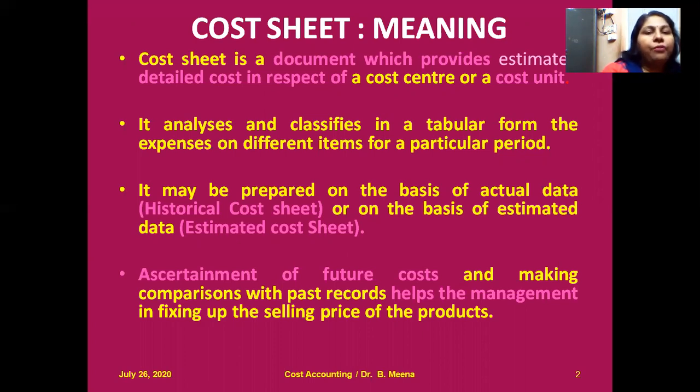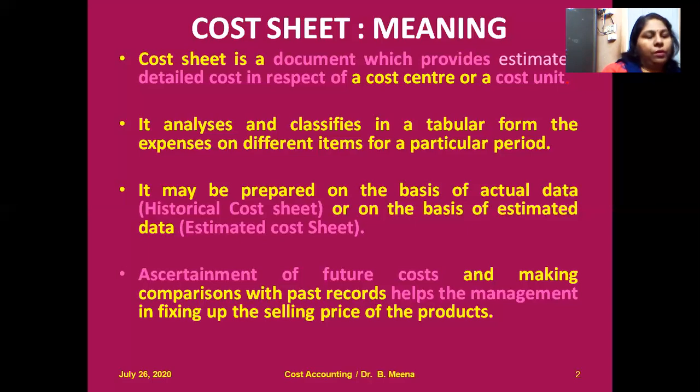We need to identify and then classify those expenses under each category to know the total cost incurred for converting a raw material into a finished product. So industry can prepare a cost sheet on a weekly, monthly, quarterly or half-yearly basis as per the feasibility and comfortability of the industry.